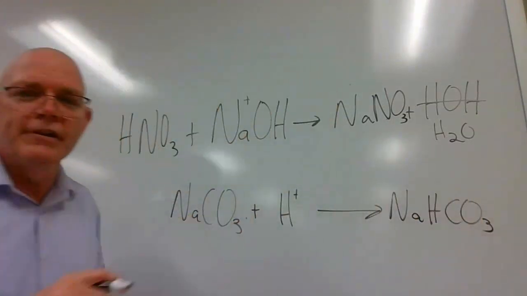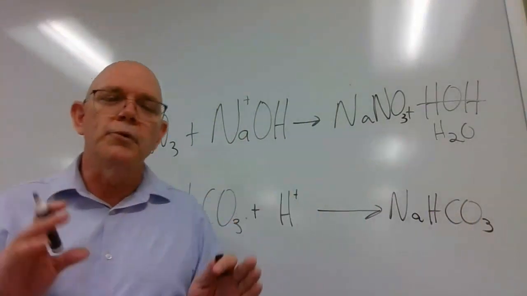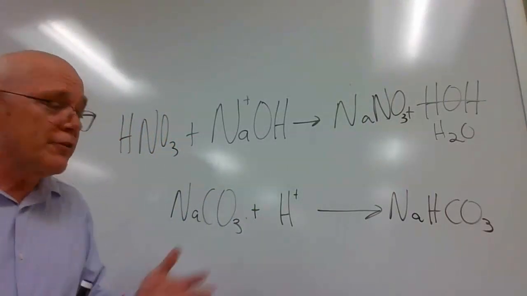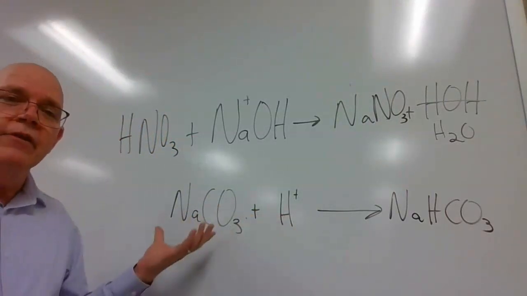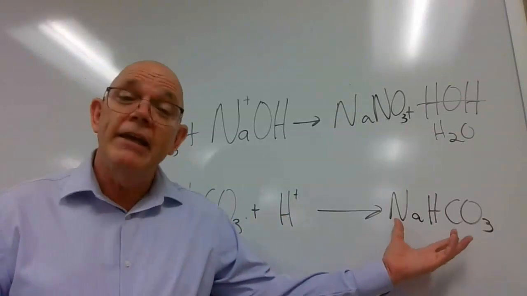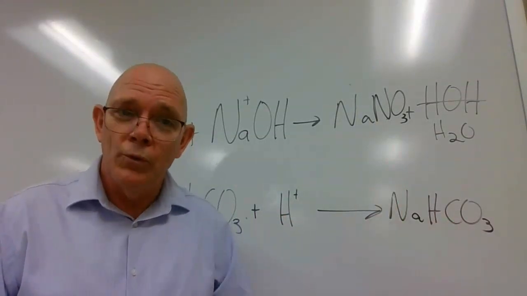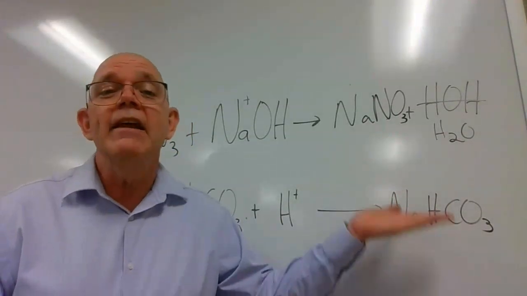Don't ask me why there's a hydrogen in there. They call it bi, but that's just one of those weird rules that don't fit the rules of naming we talked about. So basically, if your blood gets too acidic, too many hydrogens, the sodium carbonate will pick that up and make baking soda basically in your blood, that will actually raise the pH, make it less acidic.